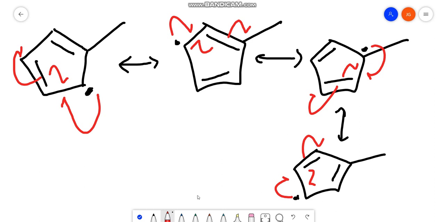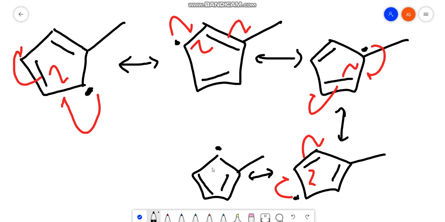Again, it's just following the same pattern going around and around. And we should be able to get a newly formed pi bond here, radical up here, and this pi bond remains in place.